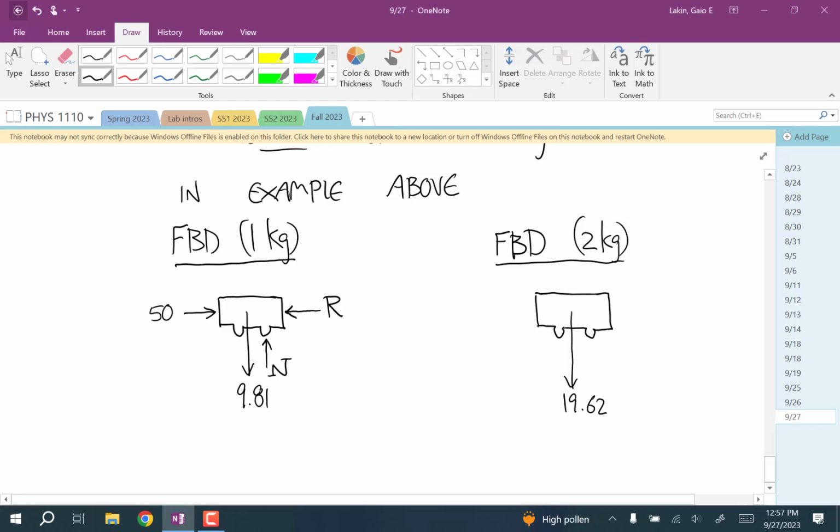There is a pushing force from the ground. The surface of contact is the ground, so it's perpendicular to that and then toward the body. And then we have to give that a variable name. I'm going to call that N2, just to point out that it's not the same as this one.